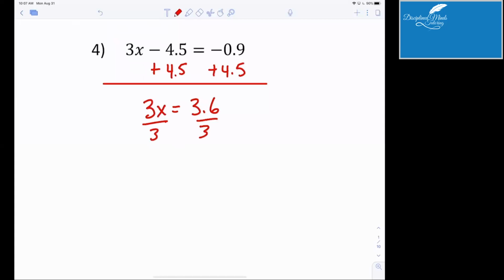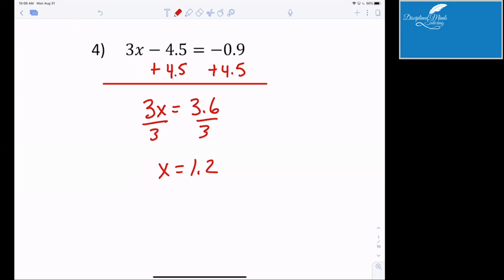Dividing by 3, x equals 1.2. Okay, any questions with x equals 1.2?